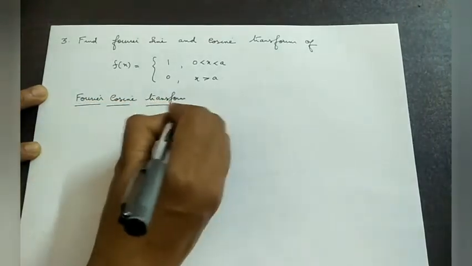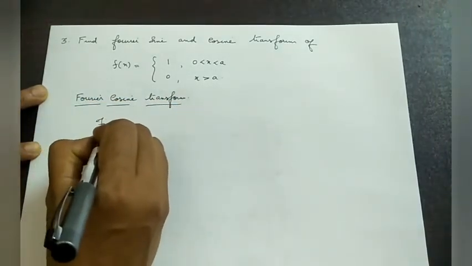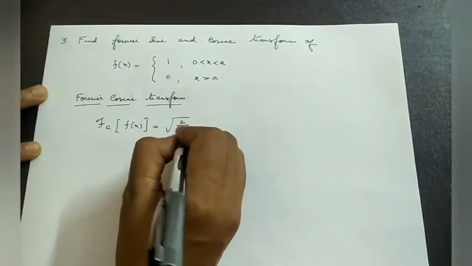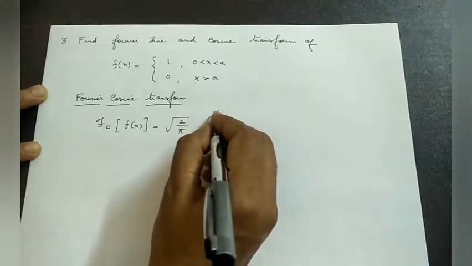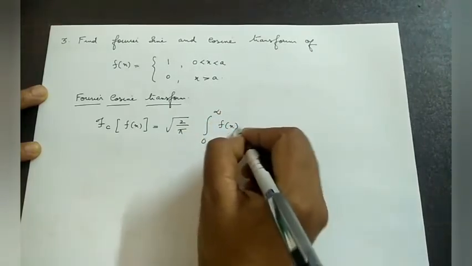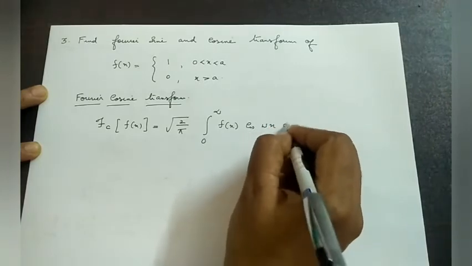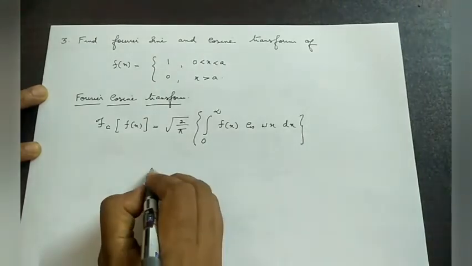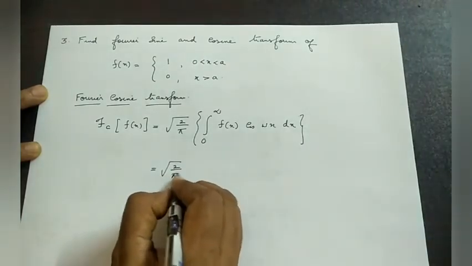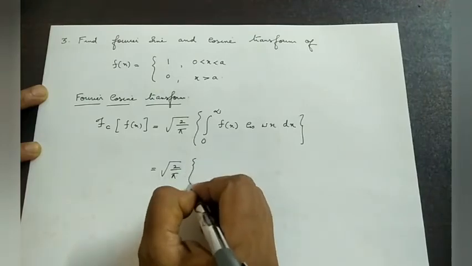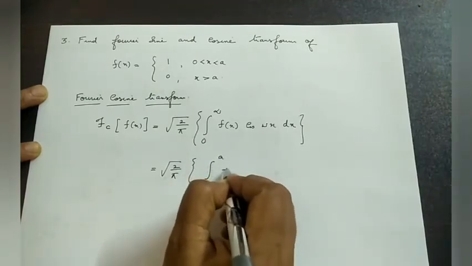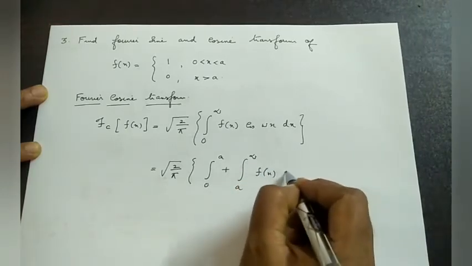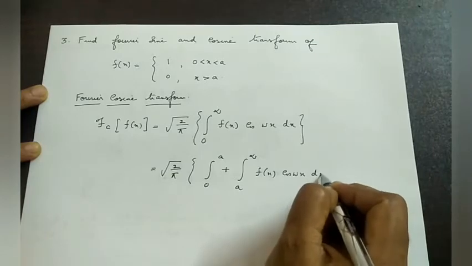The formula is: Fourier cosine transform of f of x, which is equal to root 2 by pi integral from 0 to infinity f of x cos omega x dx, which is equal to root 2 by pi into integral from 0 to infinity, which can be written as integral from 0 to a plus a to infinity f of x cos omega x dx.